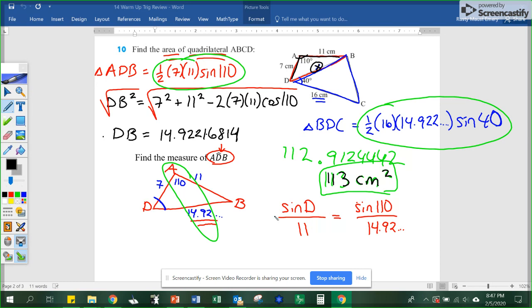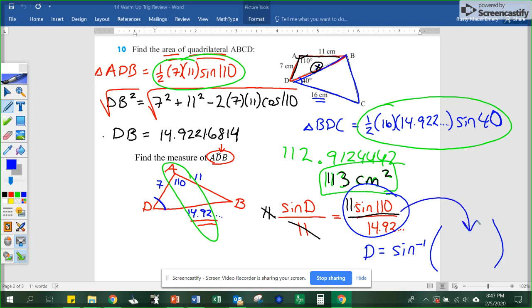So remember, you've got to multiply by the denominator. So we end up with 11 times the sine of 110 over 14.92. And then I still have to do the inverse, right? So the inverse sine. So angle D is going to equal the inverse sine of this whole fraction.